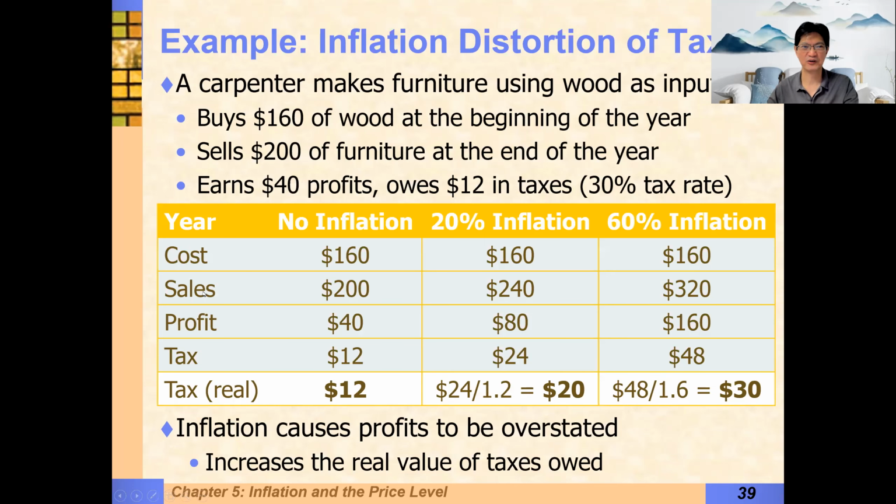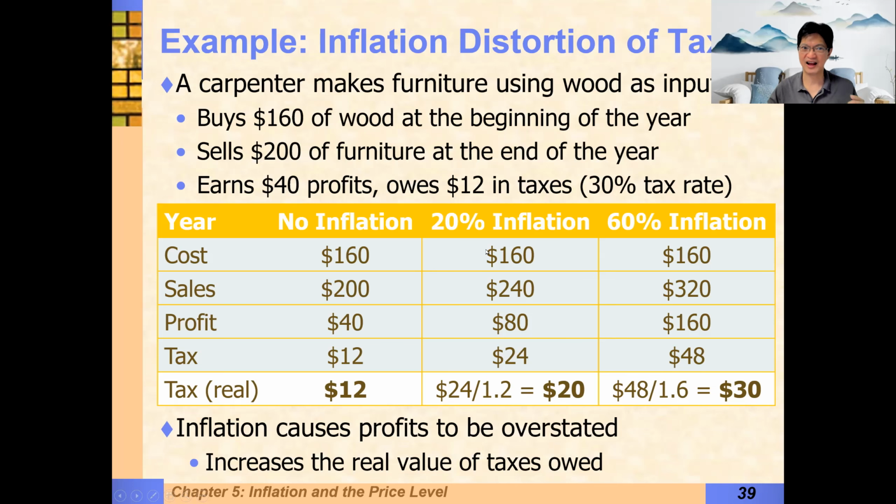Here's another example of distortion of taxes. So let's go through a transaction with a carpenter. He buys some wood and he makes furniture from it. He's got a value added of $40, $40 profit. So at a 30% tax rate, he owes $12. This is assuming no inflation.